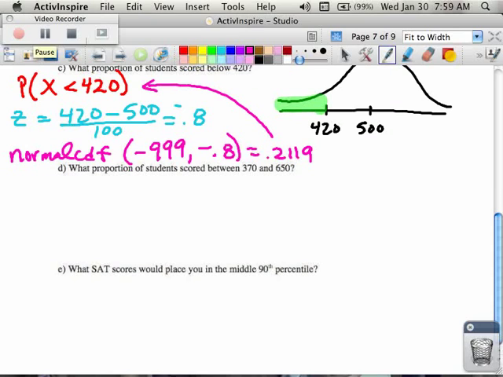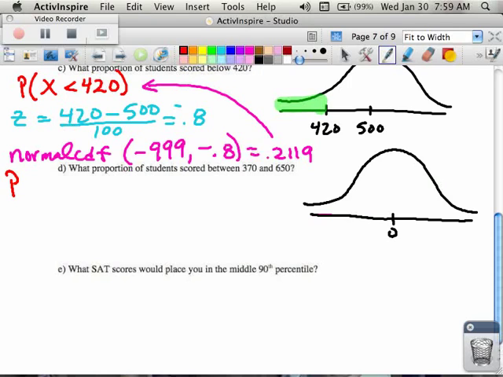Okay, in this last problem, finding the proportion in between a couple of scores, again we draw our picture. This time I'm going to go back to using the normal graph. I'm stating my problem: I'm looking for the proportion of scores that fall between 370 and 650. That's my goal. So I find the z-scores for both.